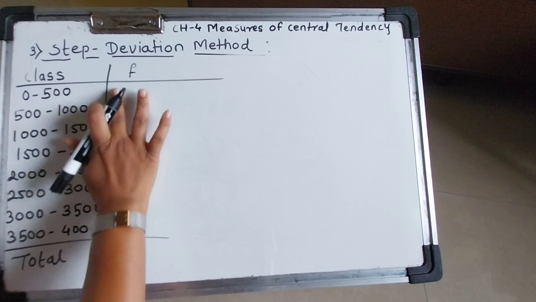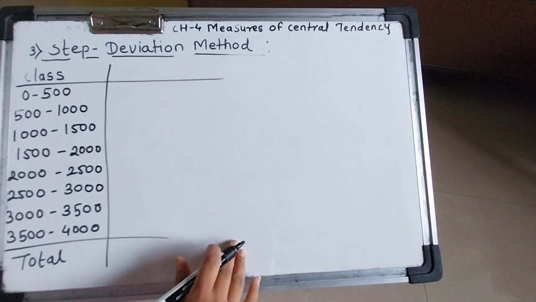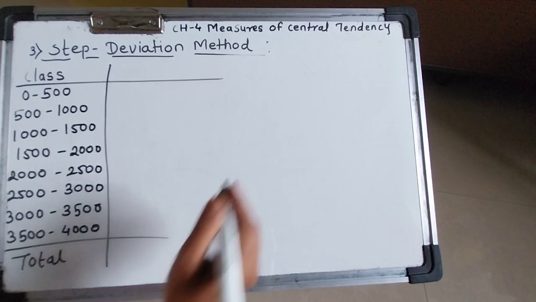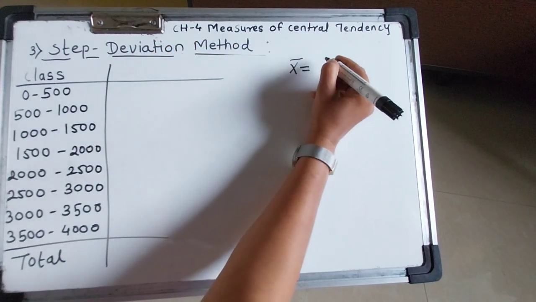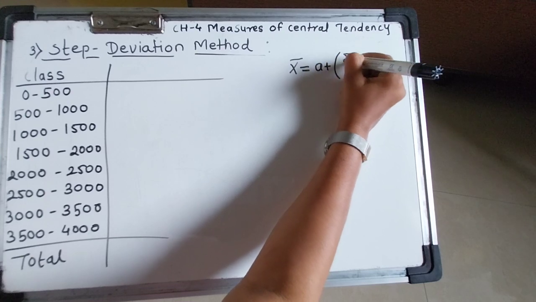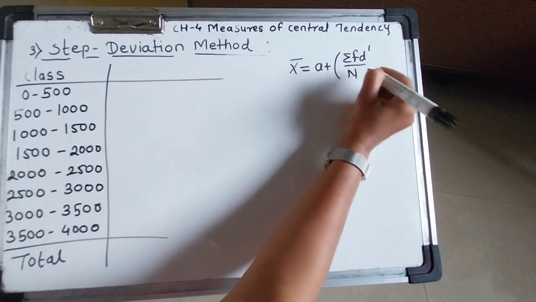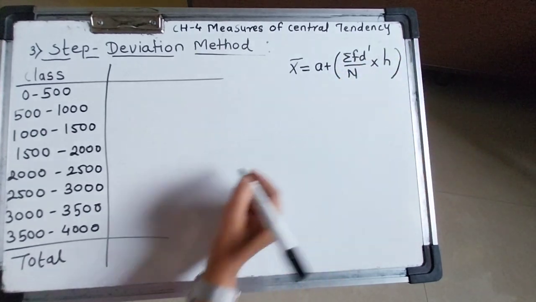The formula for step deviation is A plus, in brackets, summation f d dash upon capital N, into H. Find all values.